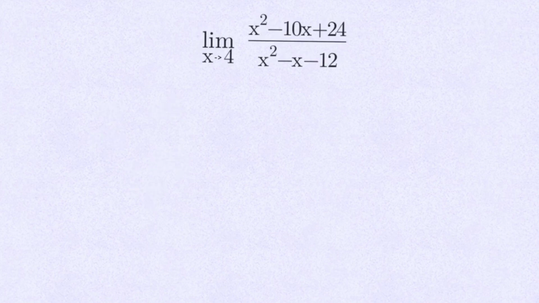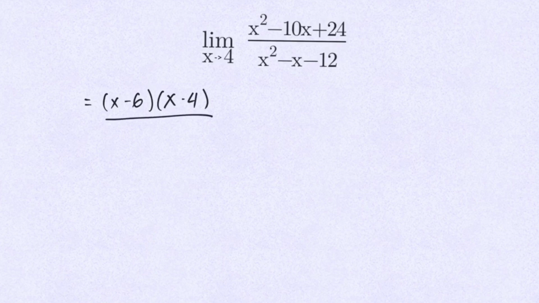Another example that when evaluated by substitution, it produces the answer 0 over 0. So we proceed as follows. Factor the numerator and the denominator. The factors of the numerator are x minus 6 and x minus 4.